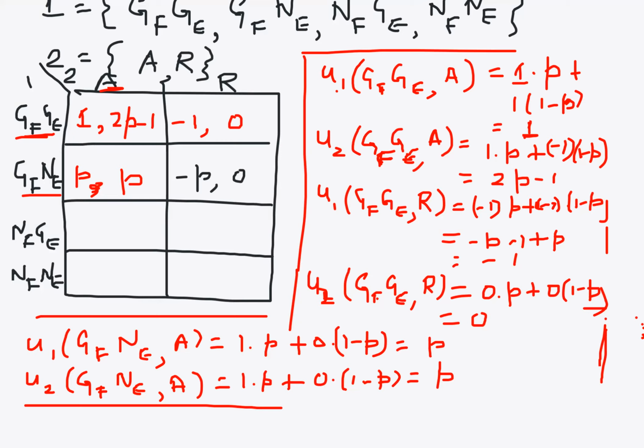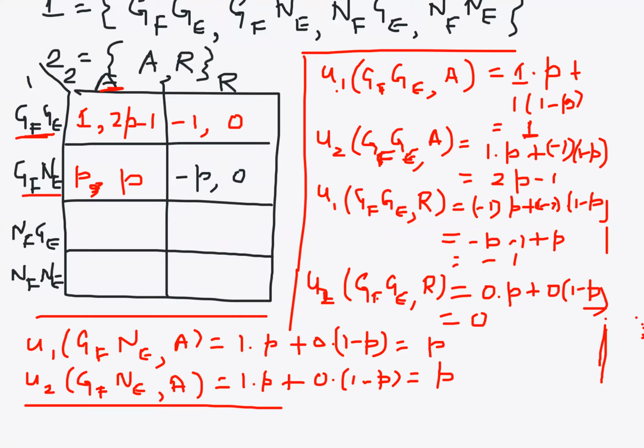All right. So similarly, we can fill up the payoffs for the remaining ones. So let me do it for you, and that's an exercise for you. You should be able to follow the explanation that I have given you so far, and you can fill in the rest. But let me give you the information.